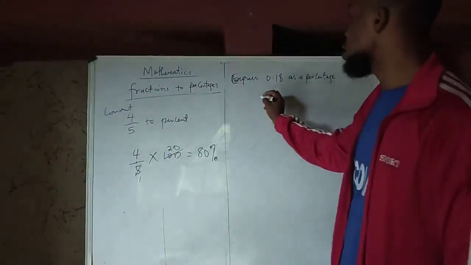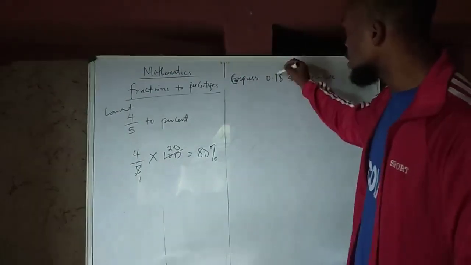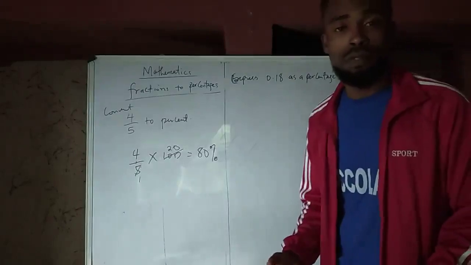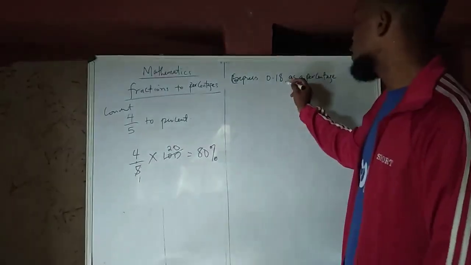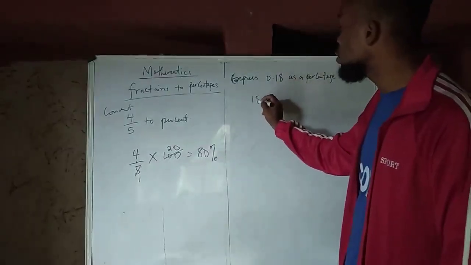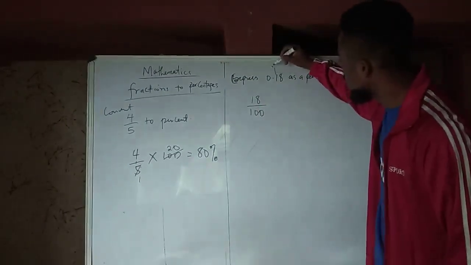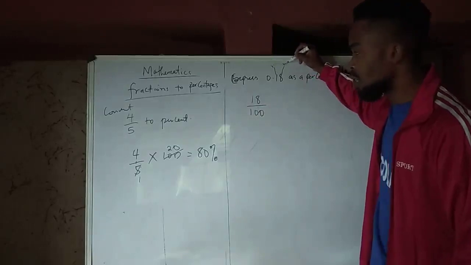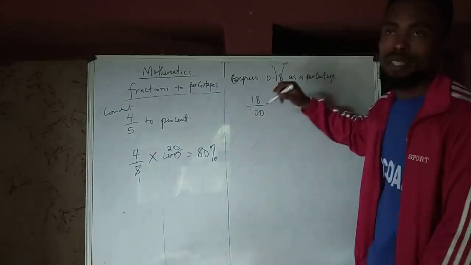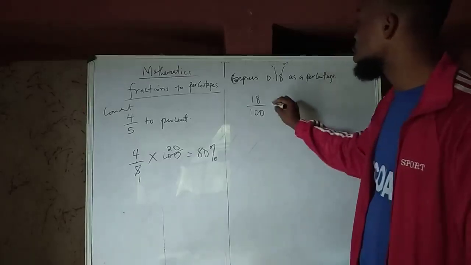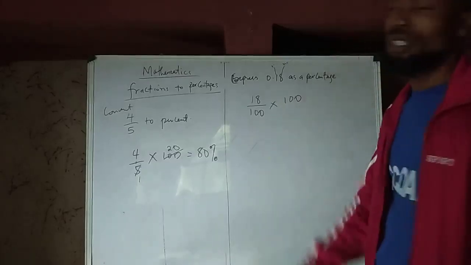So how do you do this? We have to convert this to an ordinary fraction first of all. Converting this to an ordinary fraction, this is going to be 18 over 100, right? Because this is a tenth, this is a hundredth, so we move the decimal point twice to hundredths. Then, since you are converting to a percentage, we multiply it by 100.